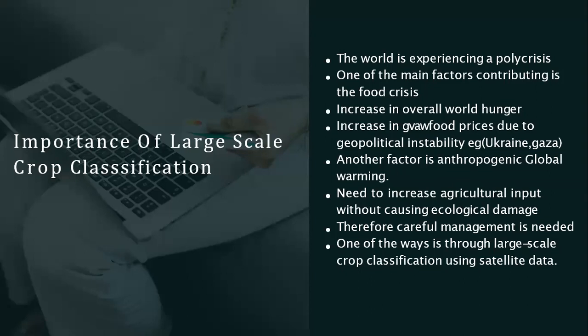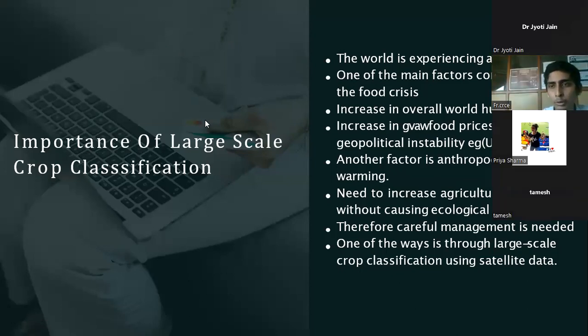One of the main factors which contribute towards the polycrisis is the global food crisis. Thanks to the global food crisis, there's been an increase in overall world hunger. There are more than 828 million people in a state of hunger today, which is 150 million people more than were in 2019. This also threatens the achievements of the UN Sustainable Development Goals.